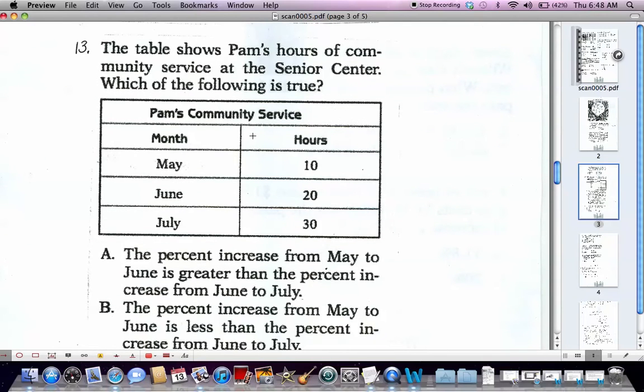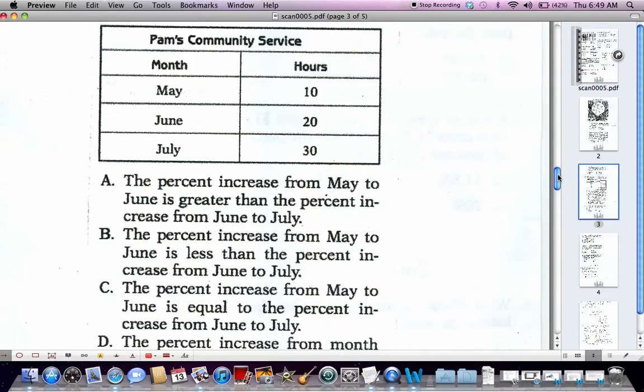Number 13, the table shows Pam's hours of community service at the senior center. Which of the following is true? Here's Pam's community service hours. This is a month, and this is the hours. The percent increase from May to June is greater than the percent increase from June to July. The percent increase from May to June is less than the percent increase from June to July.